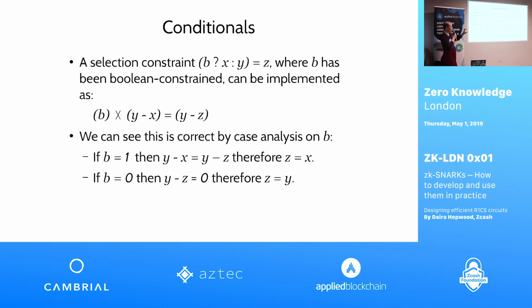So what you would do to optimize it in practice is to try and merge the pieces of code A and B and try and find commonalities between them so that you're not just duplicating them. But the simplest possible form of conditional is just a selection constraint.